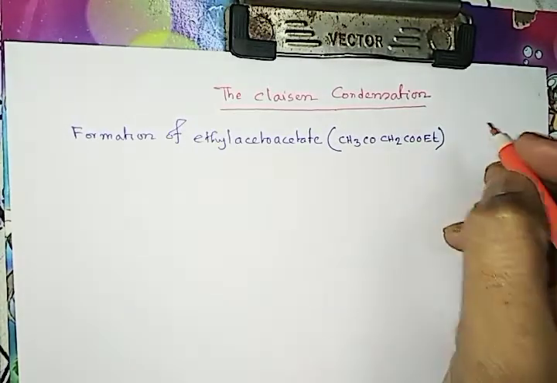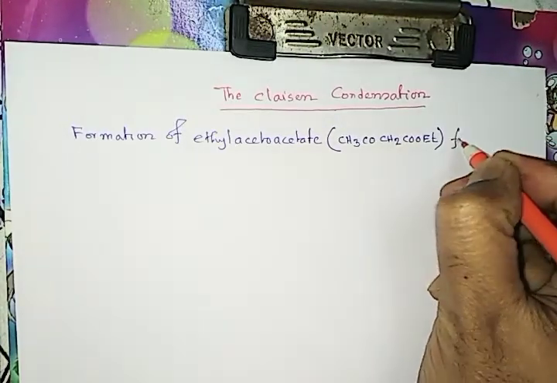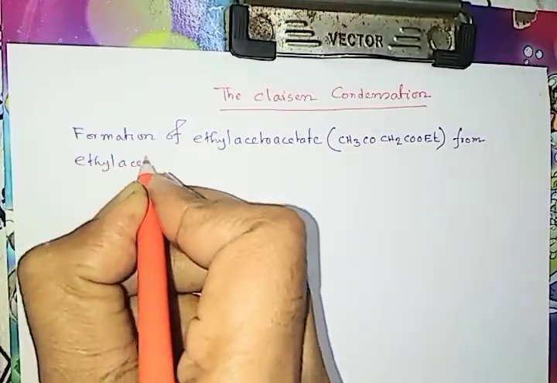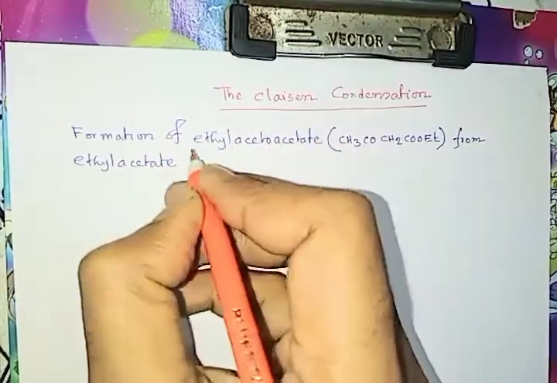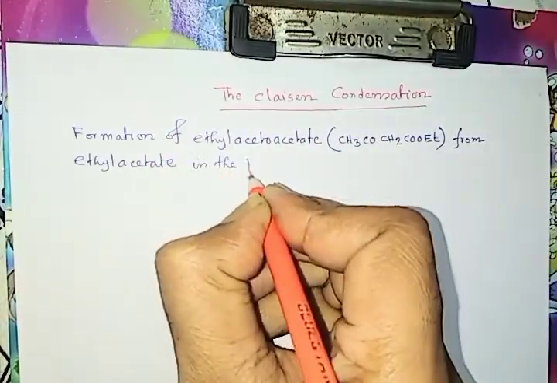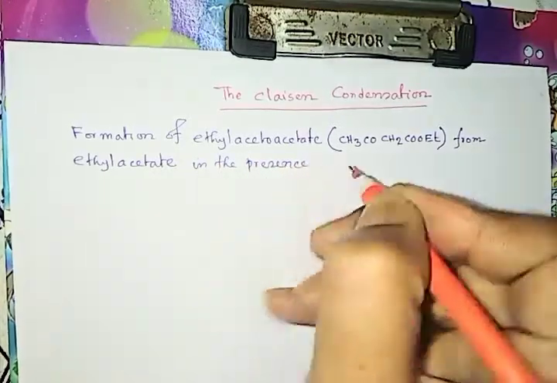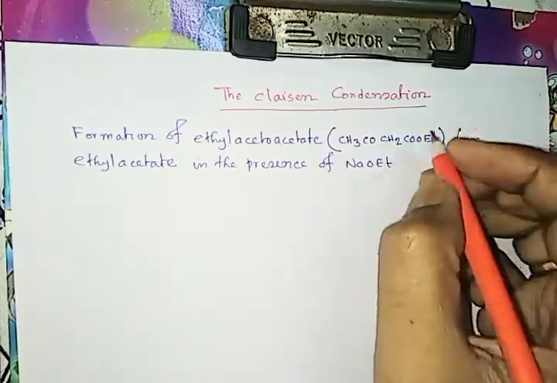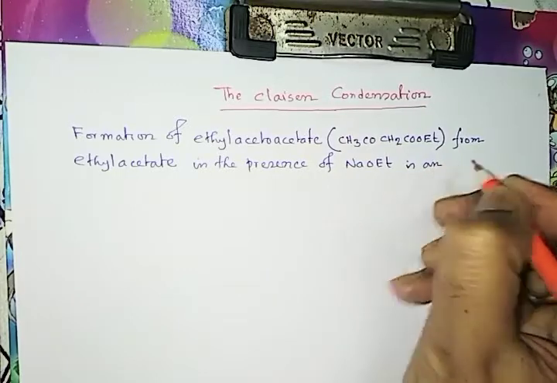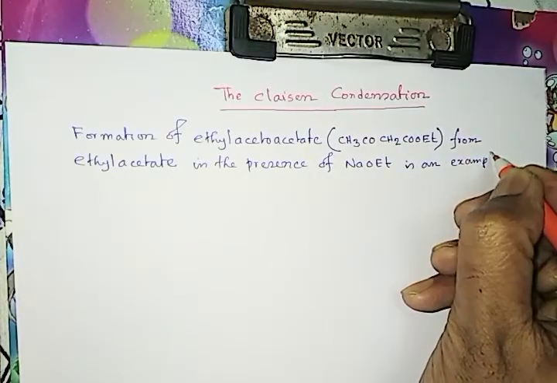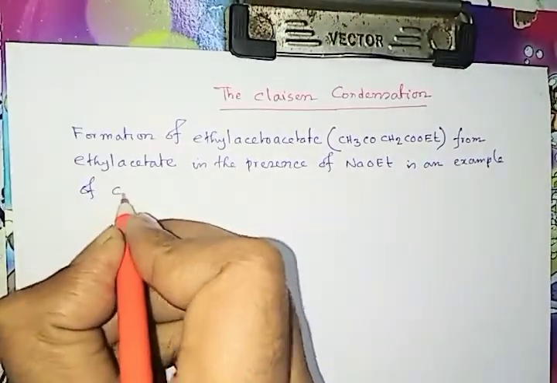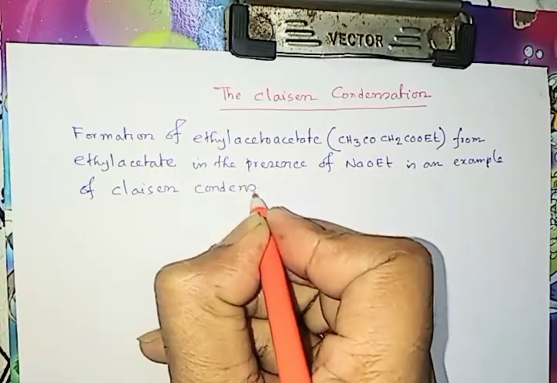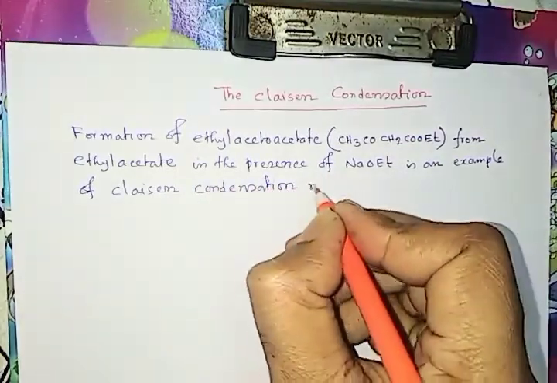Ethyl acetoacetate from ethyl acetate in the presence of sodium ethoxide is an example of Claisen condensation reaction.